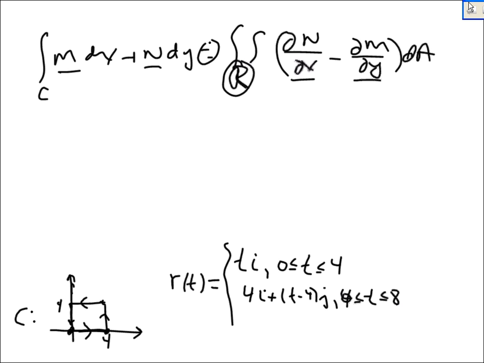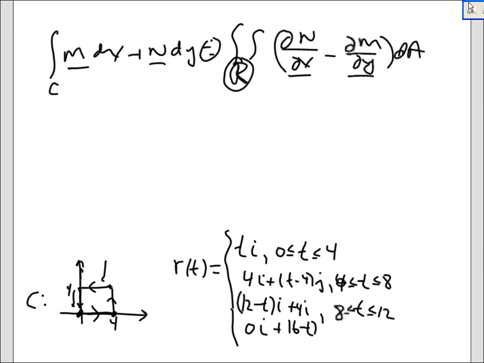Then along here we have y is 4, so we have (12 minus t) in the i direction plus 4j, and now t goes between 8 and 12. And then we go down, where x is always 0, so we have 0i plus (16 minus t) in the j direction, and t goes from 12 to 16.